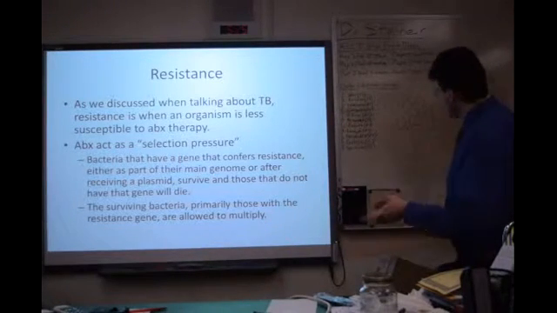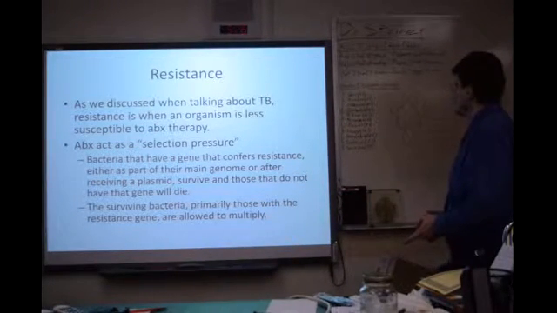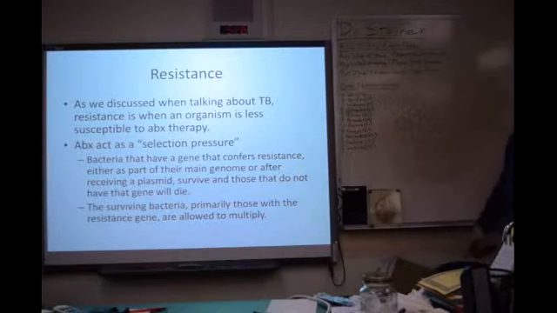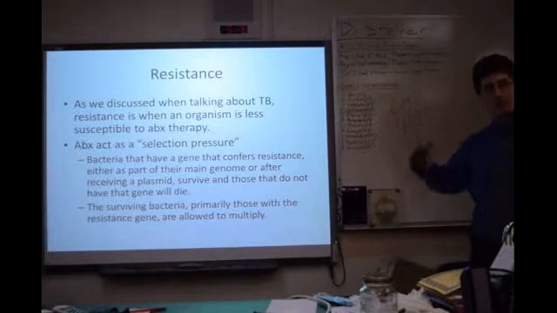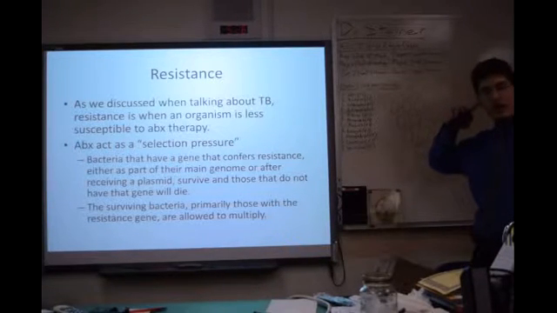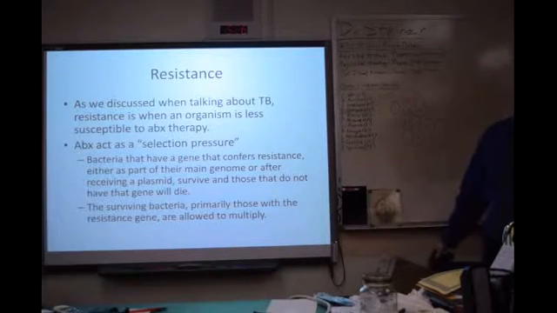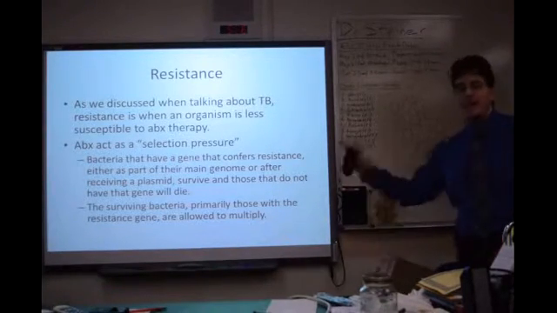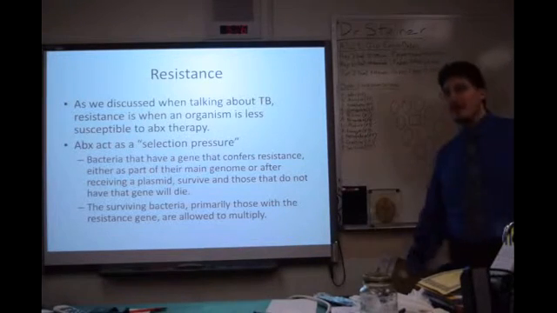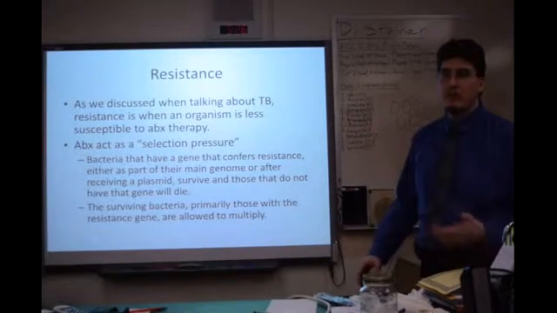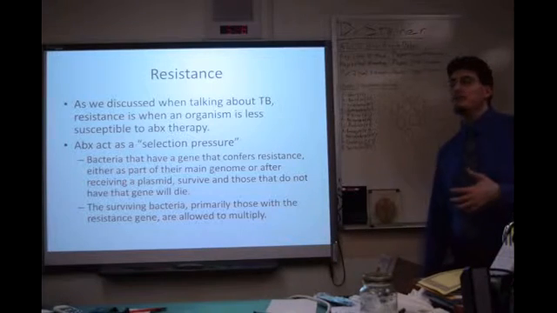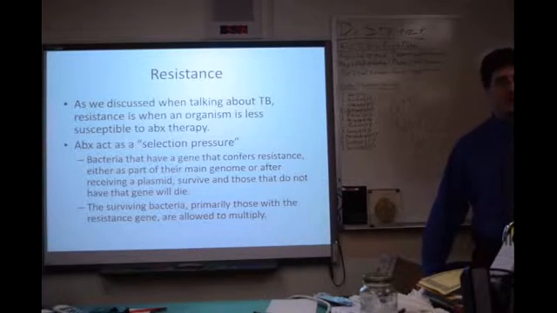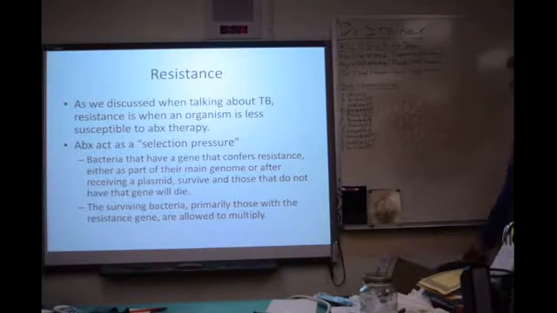So let's say that I have a group of bacteria. Some of them are circular and some of them are square. The circular ones are the regular ones, and the square ones are my antibiotic-resistant ones. My antibiotic kills the circular bacteria, but the square ones are resistant to it.